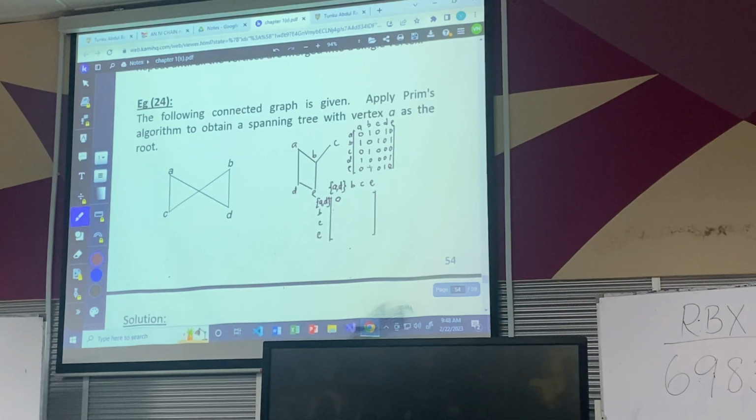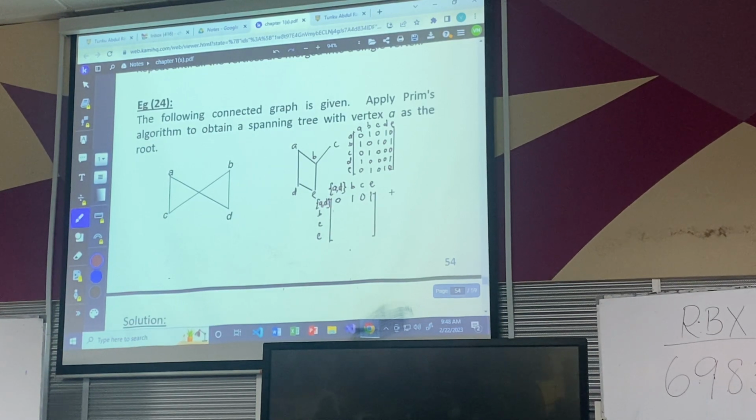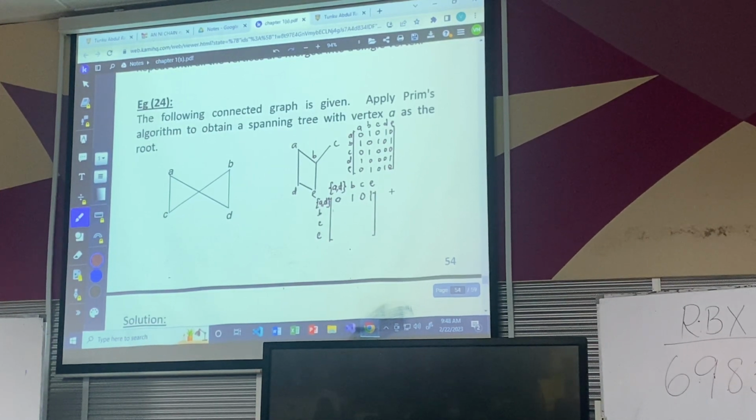Under the column B, you have A combined with D, so 1, 0 is 1. Under the column C, you have 0 and 0, A 0, D also 0, so we have 0 here. For E, you have A 0, D is 1, so 1 under the column E. Right? Can you follow?